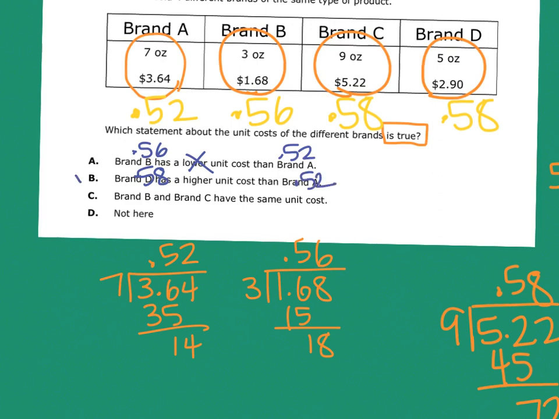Okay, that's true. B and C are the same. Well, B is 56 and C is 58. So that's not true. Therefore, my answer would be B, that price for brand D is higher than price of brand A.